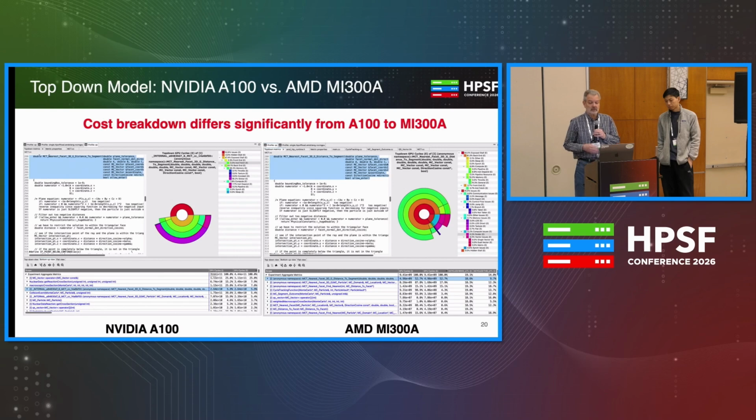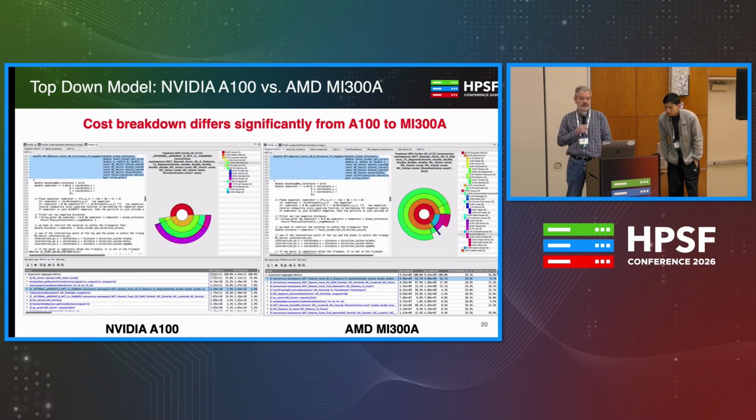Here's the last slide I wanted to show about that. This is looking at the same code. This is a Monte Carlo code called Quicksilver, which is derived from the Mercury code. On the left is the donut graph that shows an A100, and the same function inside a kernel is shown on the right.